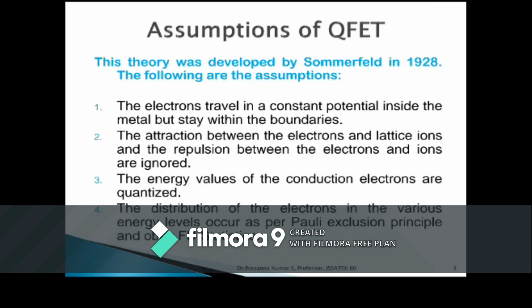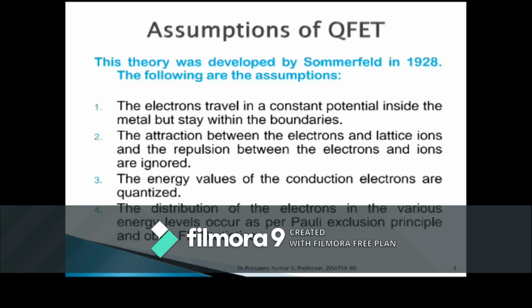So now, because of these failures of classical free electron theory, another theory was put forward by Sommerfeld in the year 1928. This theory is based on quantum physics. Therefore, it is called the quantum free electron theory. Some assumptions are made here by Sommerfeld.